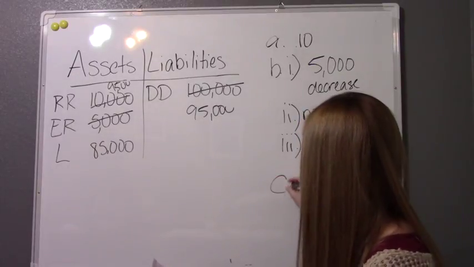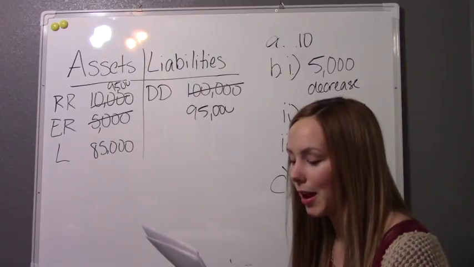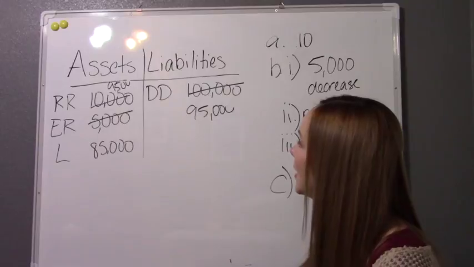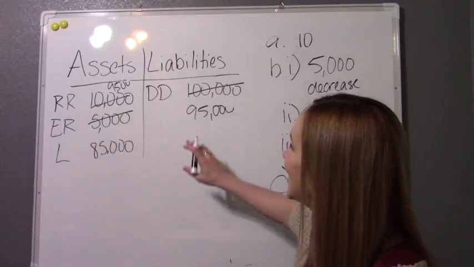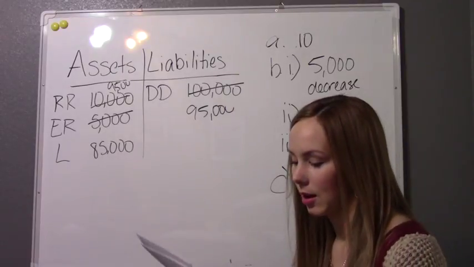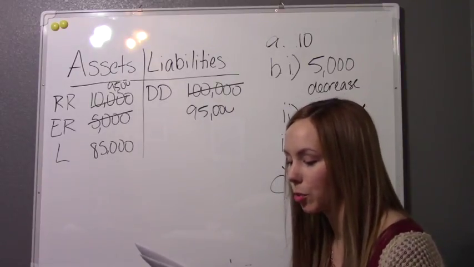Part C. Assume that the next day John withdraws from Meteor Bank an amount that exceeds the bank's excess reserves. Maybe he withdraws $10,000 or $12,000 from his demand deposits. Assuming that no loans are called in, how can Meteor Bank cover its required reserves?